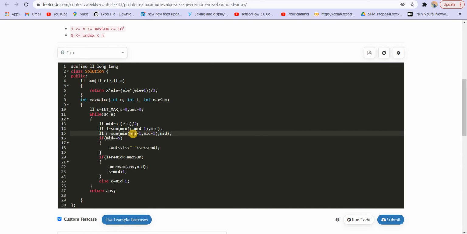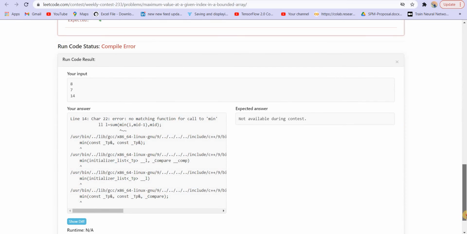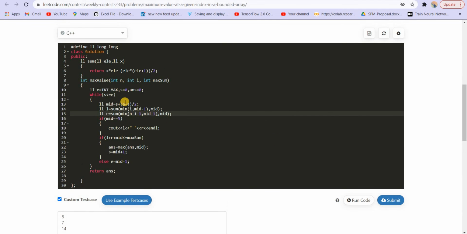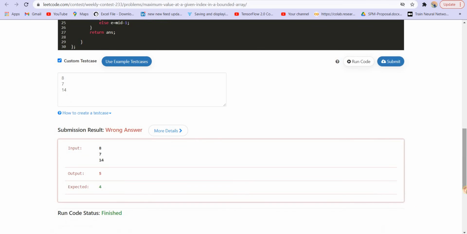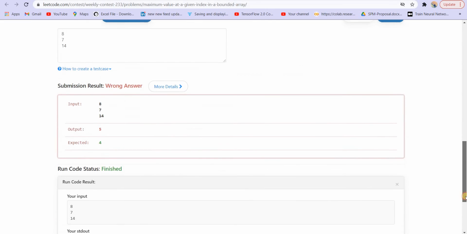And minimum of long, and this is okay. The function minimum only takes arguments which are of the same type. So it is giving me correct answer now.